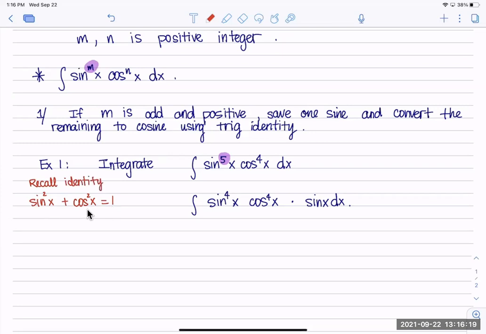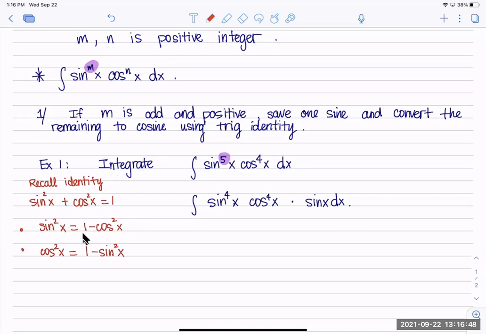From this equation, you can isolate for cosine square or for sine square. So sine square x equals 1 minus cosine square x, and similarly cosine square x equals 1 minus sine square x. Either one works, but since we want to convert sine to cosine, we're going to use the first one.